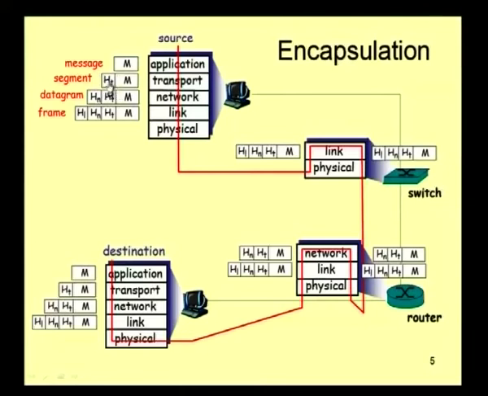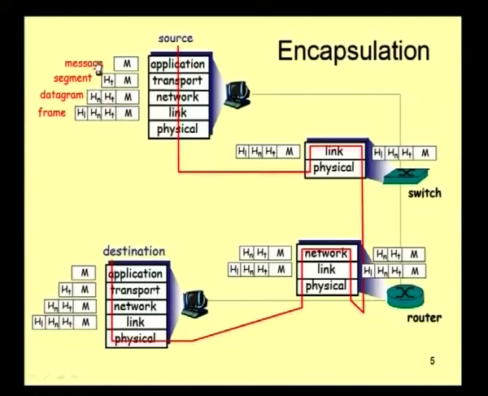Now, HT plus M is given to the network layer, where another header HN is added, and then this comes to the link and physical layer, where the header of the link layer is also added, and this goes to the physical layer. It is the entire set of data including the headers that is actually transmitted on the physical layer.